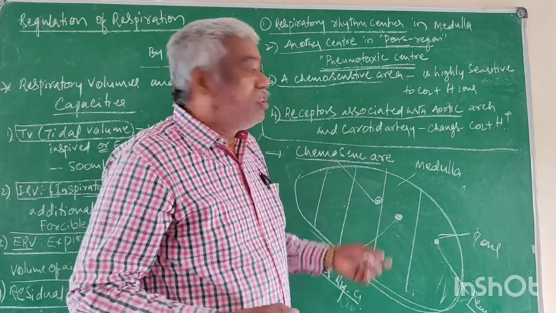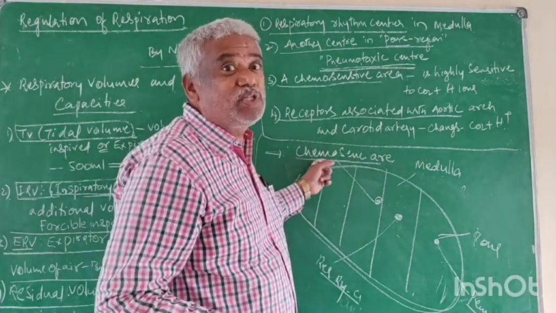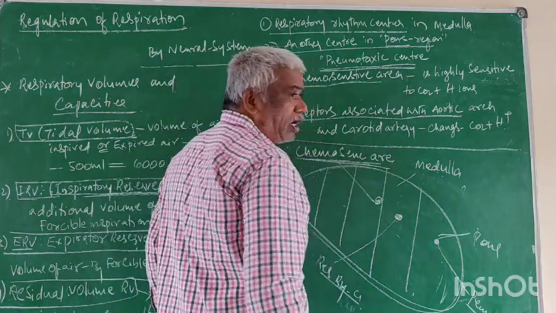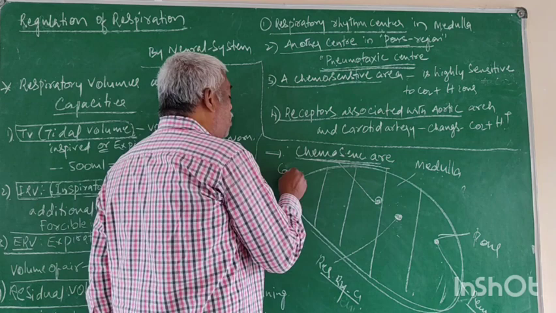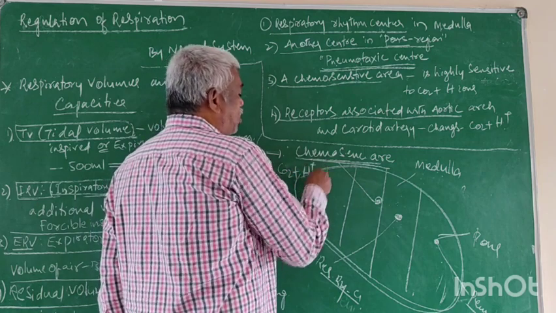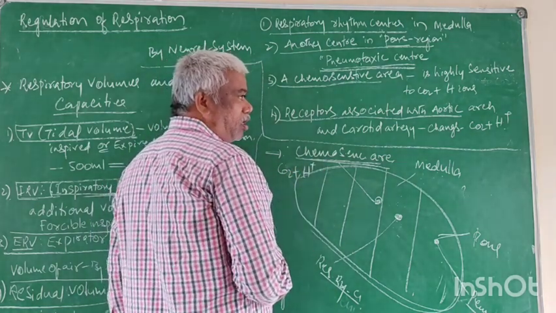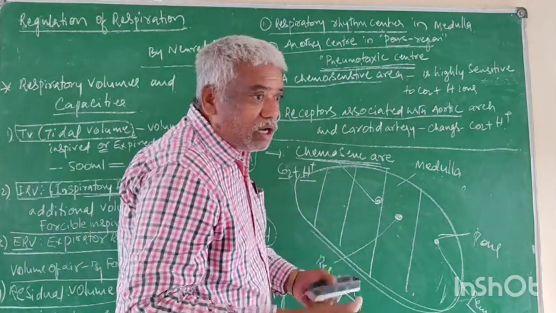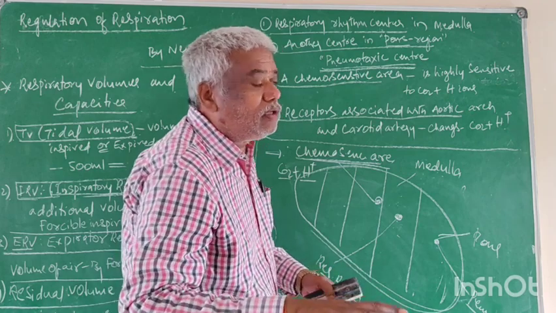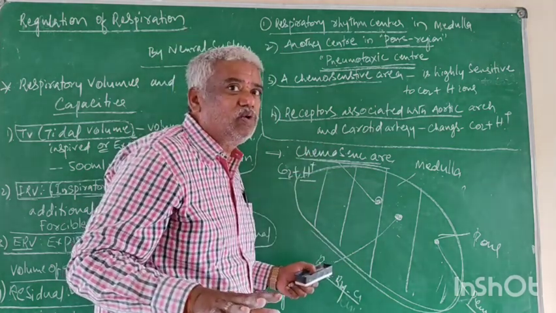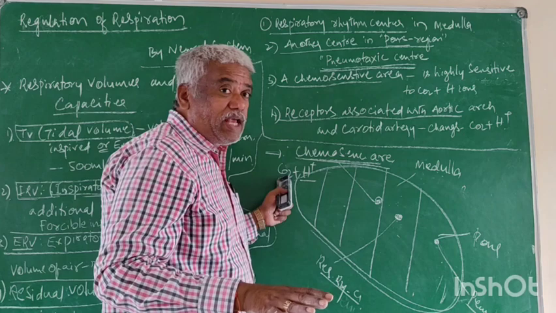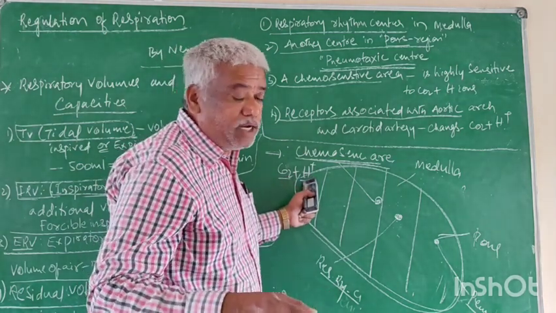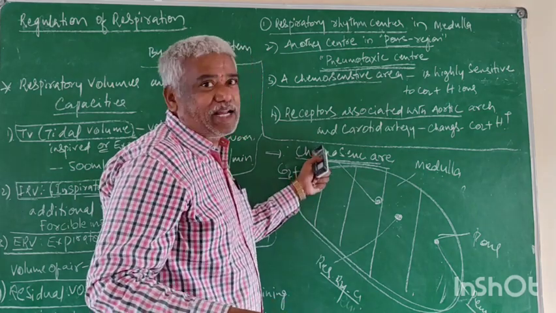Chemosensitive area is sensitive to chemicals. It is very sensitive to carbon dioxide and hydrogen ions. If carbon dioxide and hydrogen ions are moderate in the blood, not less, not more, it becomes inactive. If they increase in the blood, it will be activated.